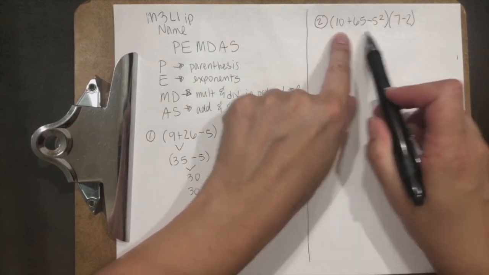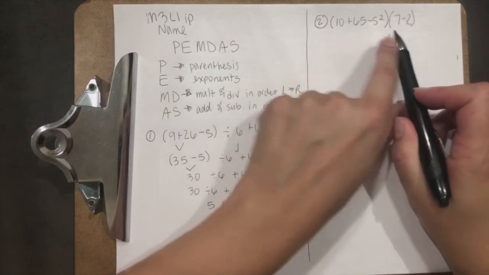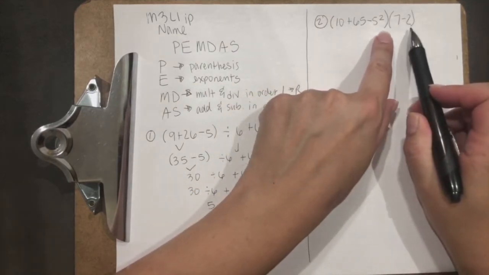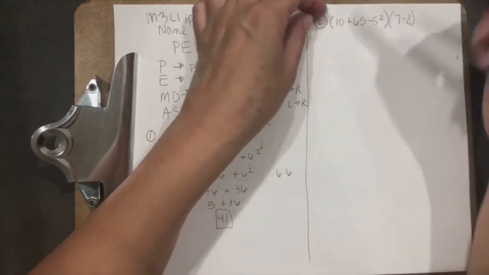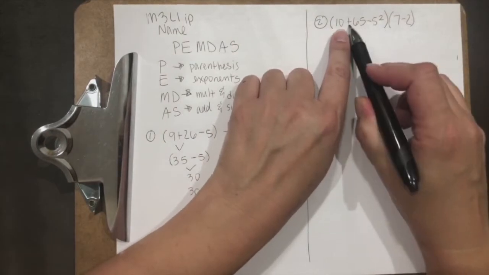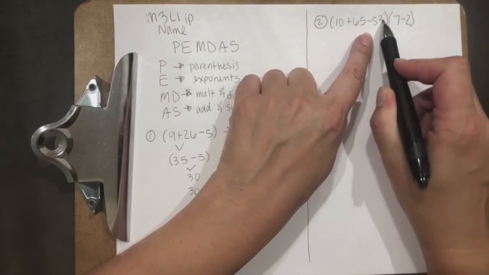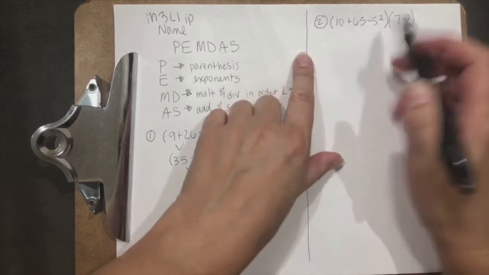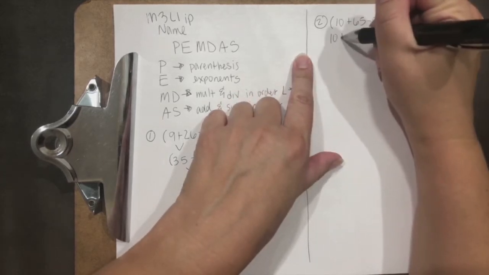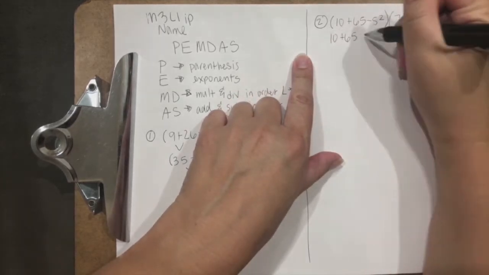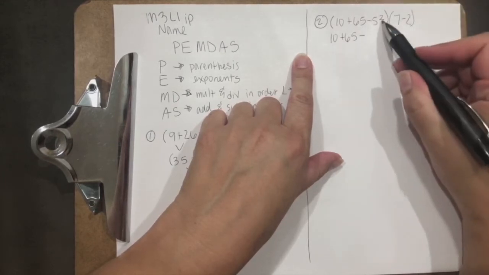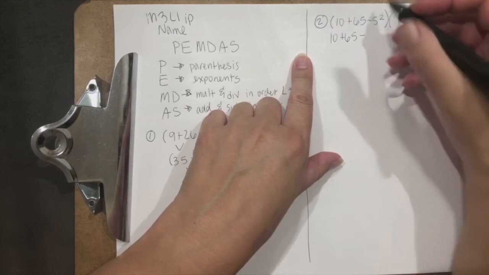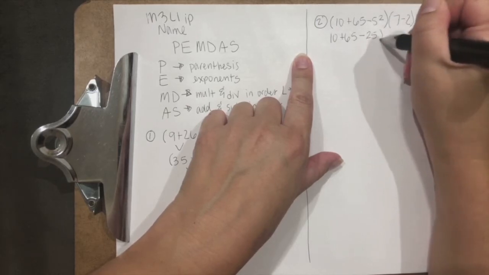So we're going to do this one first, and then we'll do this one. We're going to kind of do the inside first. So let's do the inside of this one first. When we look here, we've got some addition, we've got some subtraction, we have an exponent. So we'll do the exponent first. So we'll just bring everything down. 10 plus 65 minus 5 squared. That's 2 5's being multiplied, which is 25.